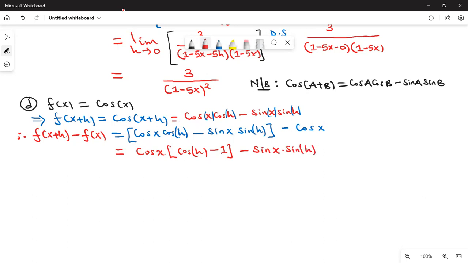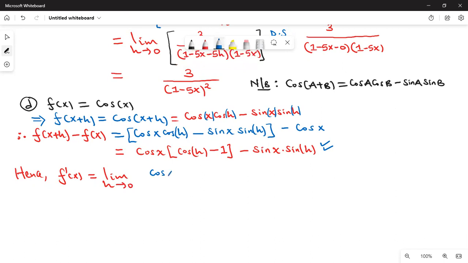So now, how do we now find f prime of x using the formula? You can now write hence f prime of x will be equal to numerator is the whole of this. So we are going to write, of course, it is limit as h approaches 0 of our numerator. Let me use another color.